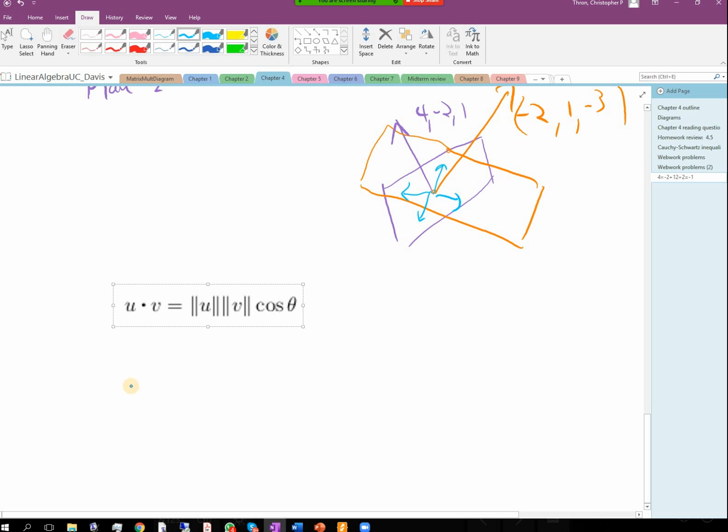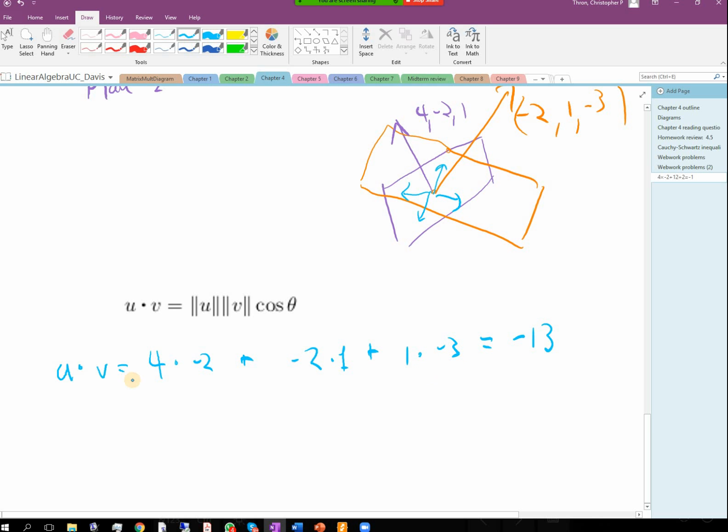Calculate the dot product, which is multiplying each of the terms in pairs. So it would be 4 times -2, -2 times 1, 1 times -3, and adding those pairs together. -8, -2 is -10, then -13. Yep, that's my dot product.